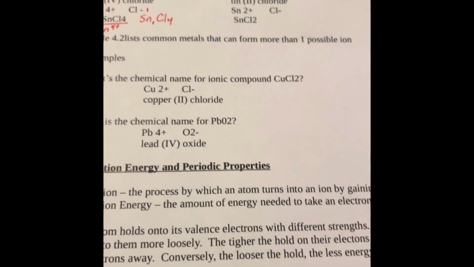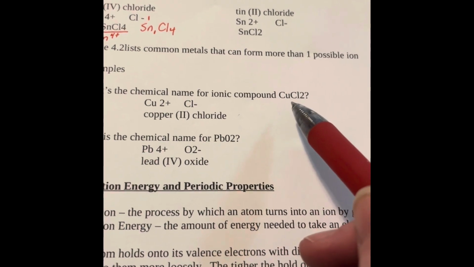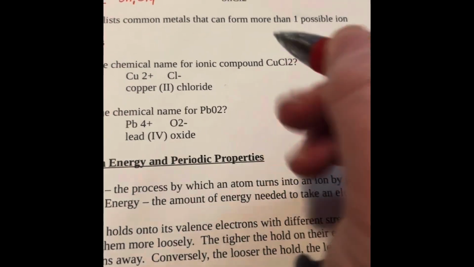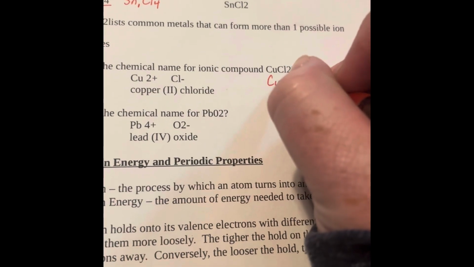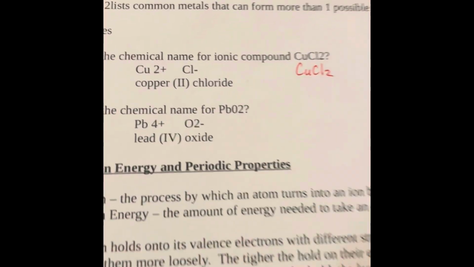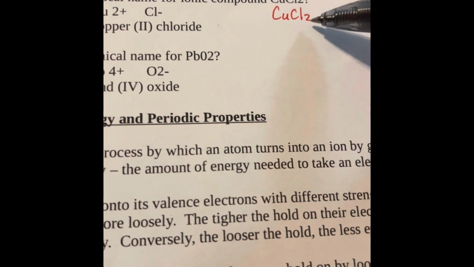So let's do another one. What is the chemical name for the ionic compound CuCl2? It really looks like this with the 2 subscripted; I couldn't really type it up like that. I know that it's going to be copper(II) because of this 2 down here.